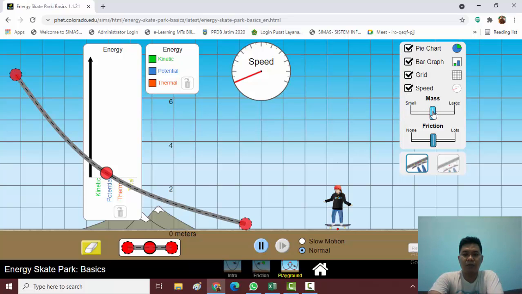For mass, we can vary it to large or small. For friction, we can vary the friction of the path, none or lots.